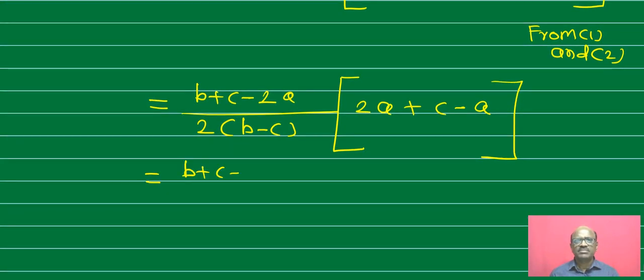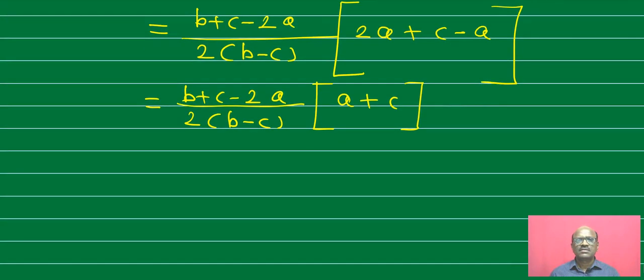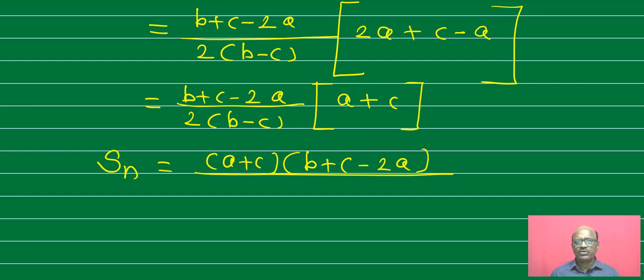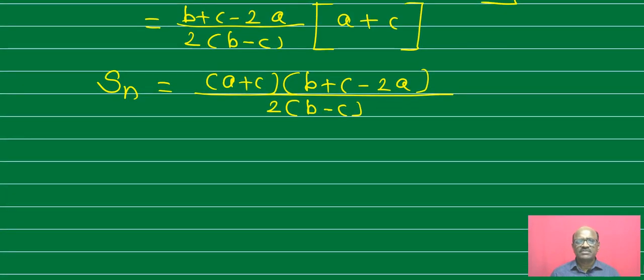Then you get B plus C minus 2a upon 2 in bracket B minus C. Therefore in bracket A plus C, and hence the overall answer is A plus C in bracket B plus C minus 2a upon 2 in bracket B minus C. This is the value of n.